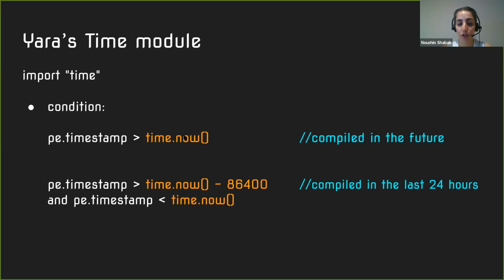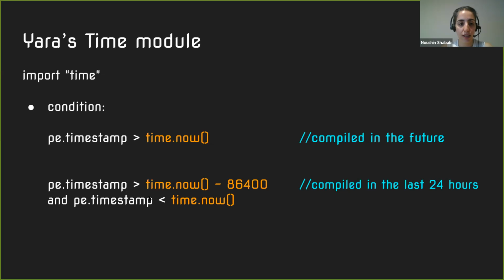It's quite unusual to see the timestamp of a file being in the future, but it's common in some malware that try to manipulate the headers to bypass some detections. So if you see something like that, this means that this is a suspicious file.